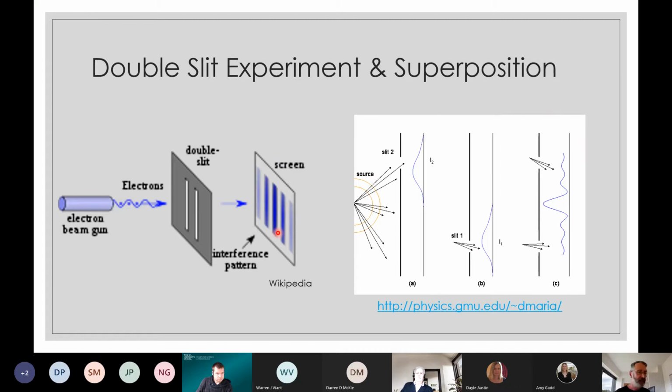What's more mysterious about the double slit experiment is nowadays we can actually look at firing individual photons or electrons at this double slit screen. Now, say if you fire a single electron through, it'll make a little dot on the screen over here. You fire another one through, it'll make another dot.